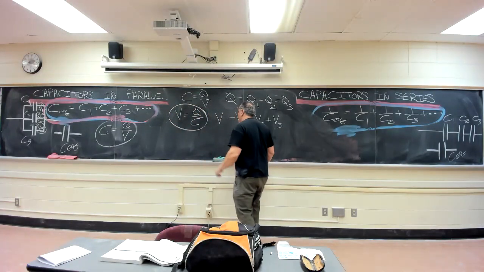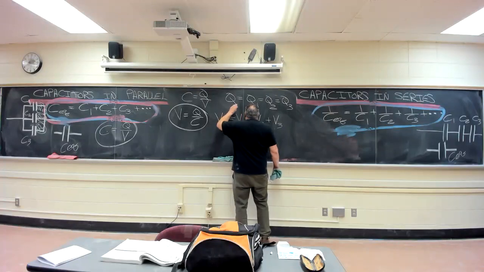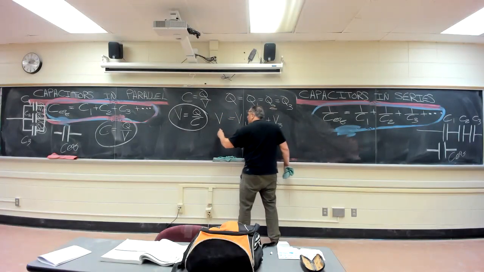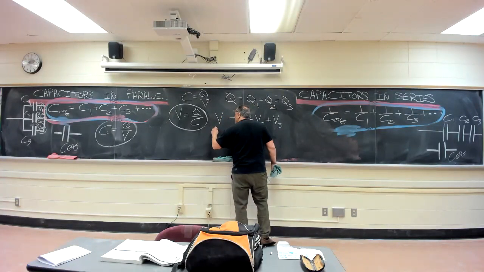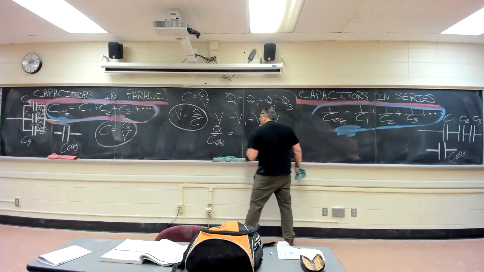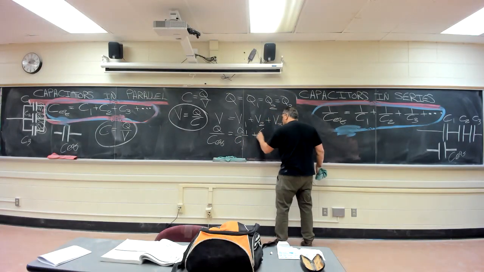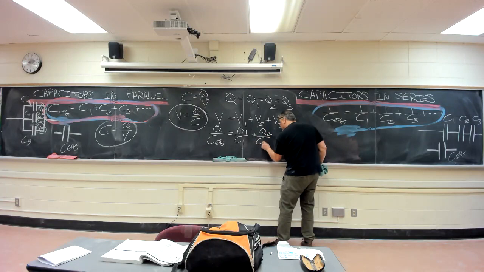That's the general look. Well, all of these are the same. This guy's going to be Q times C equivalent. I don't know what that is, but it's going to be something. This V1 is going to be Q1 over C1. This one's going to be Q2 over C2.